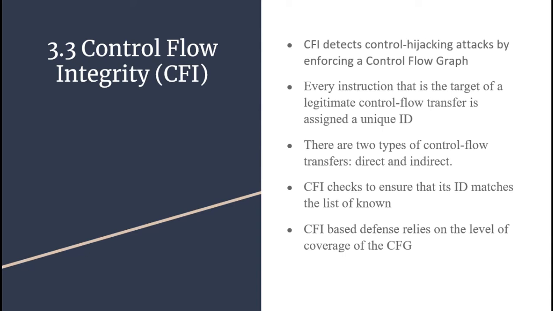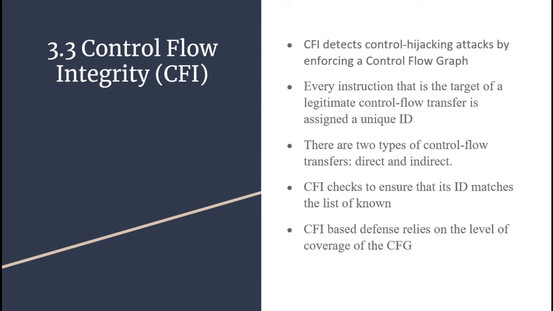Any CFI-based defense relies on the level of coverage of the CFG. If the CFG is perfectly constructed, then we can ensure only the control flow intended by the program.